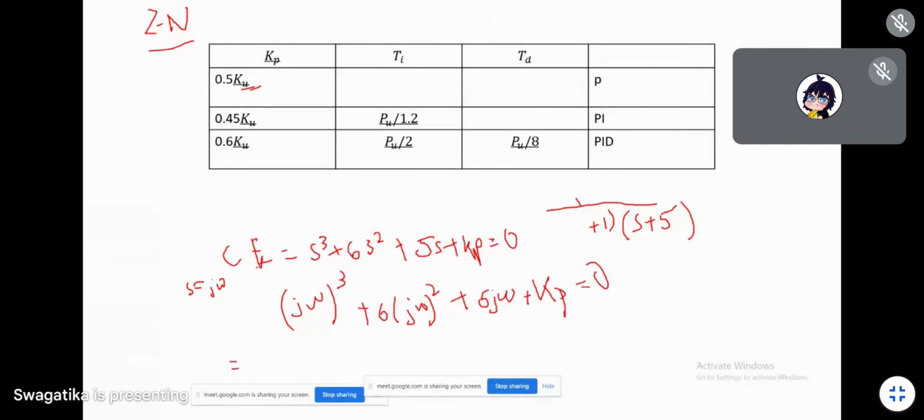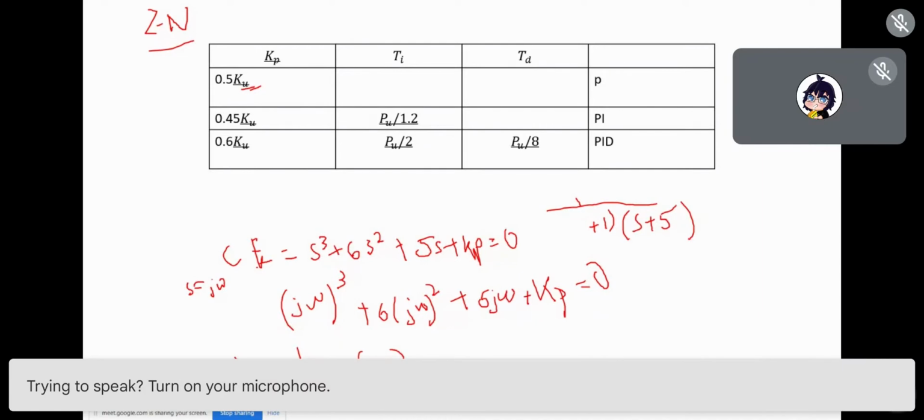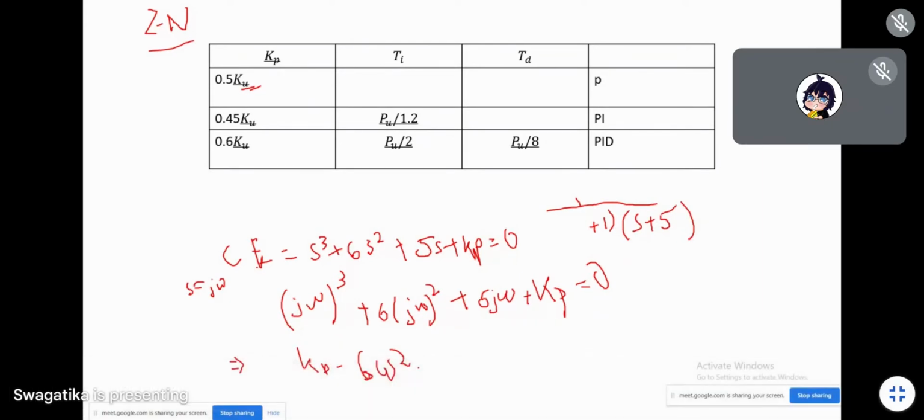Now by solving this, you will get Kp minus 6 omega square. This is your real part.